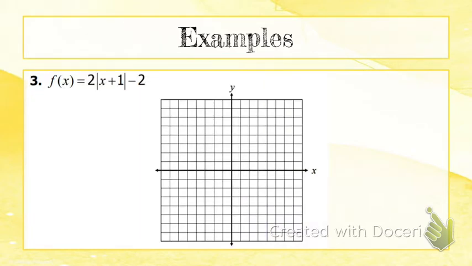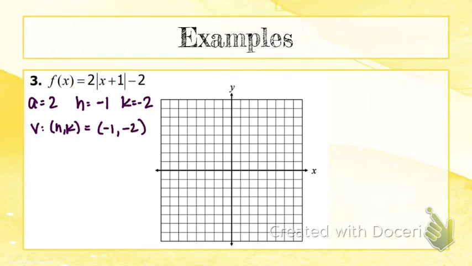So let's do this again. In this problem, a equals 2, h equals negative 1, and k equals negative 2. So our vertex is h comma k, which in our case is negative 1, negative 2. So let's put our point there for our vertex.